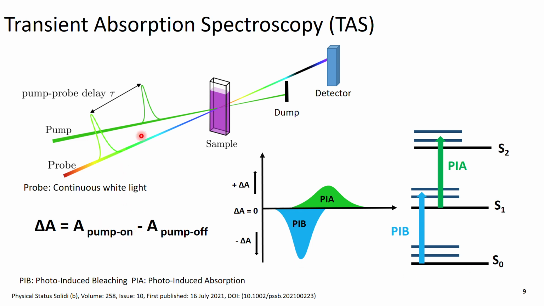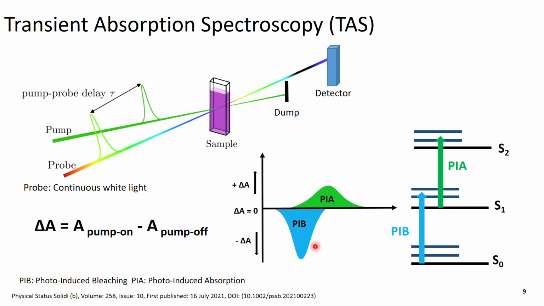And in the transient absorption spectroscopy, the absorption is relative intensity. It's not the absolute intensity, because we take the pump-on absorbance minus the pump-off absorbance. And in this spectroscopy, we will have two signals.